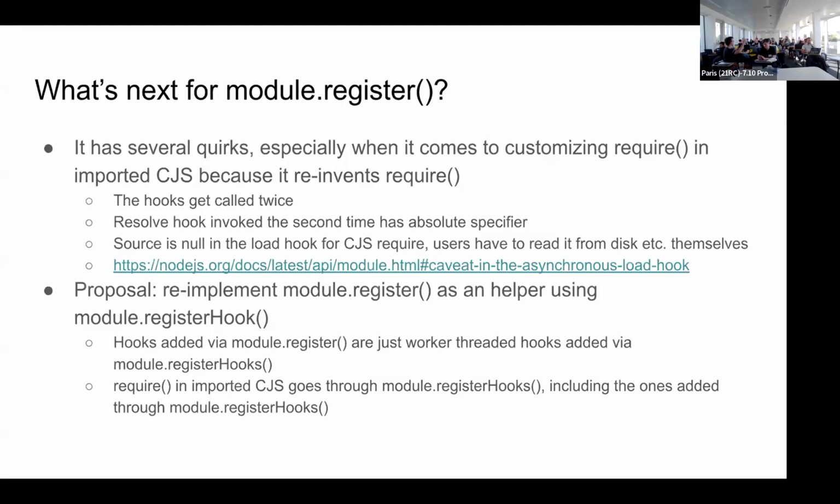So let's say everything has been ported from the older register style to the newer register hooks style, and the newer one is leveraging Piscina or whatever this utility is that facilitates the work with the worker. In that case, it would be part of the register hooks chain.